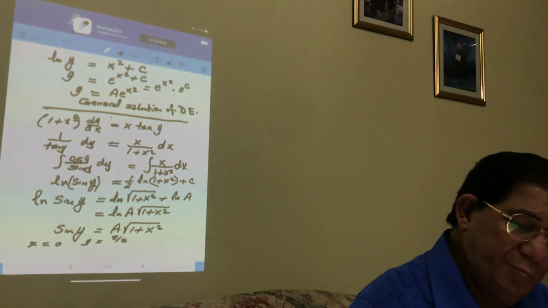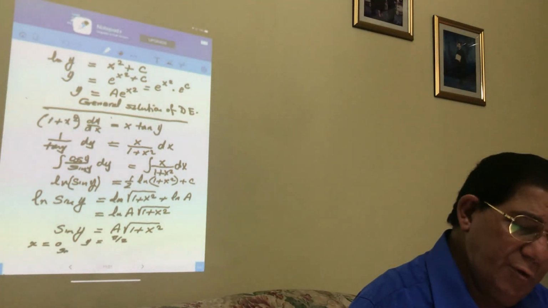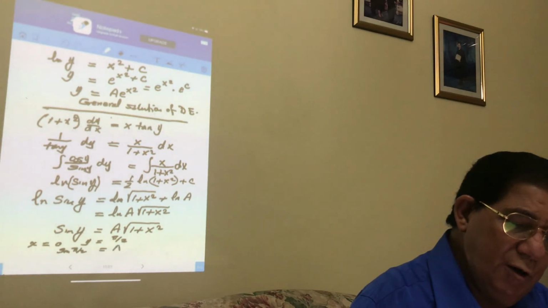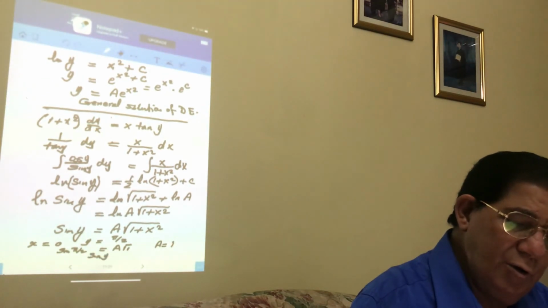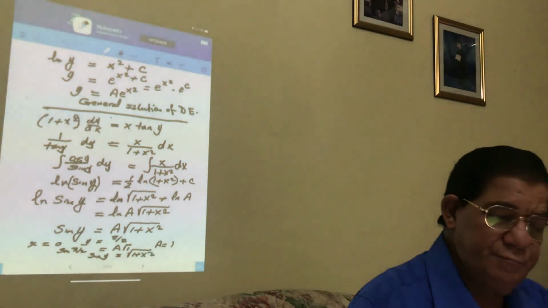Therefore, sine pi over 2 equals a root 1, and sine pi over 2 is 1. This means a equals 1, and therefore we got the equation sine y equals the square root of 1 plus x squared.